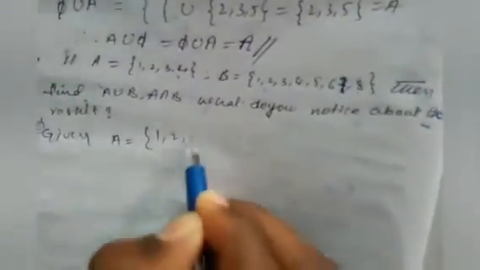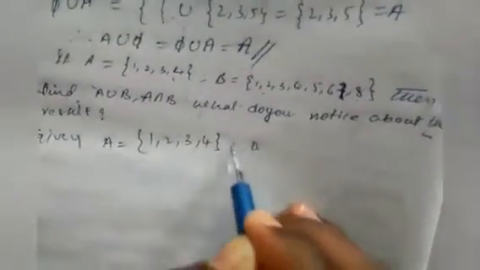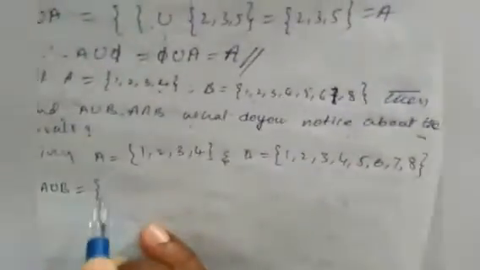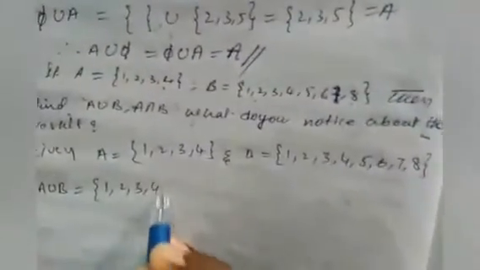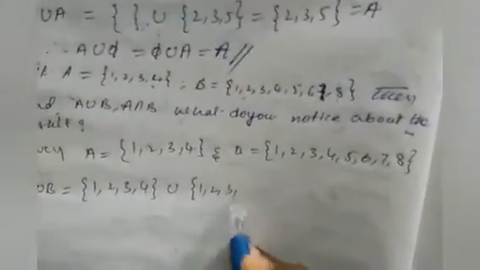Given sets A is equal to 1, 2, 3, 4 and B is equal to 1, 2, 3, 4, 5, 6, 7, 8. Now you can write A union B. So A union B is 1, 2, 3, 4 union set 1, 2, 3, 4, 5, 6, 7, 8.